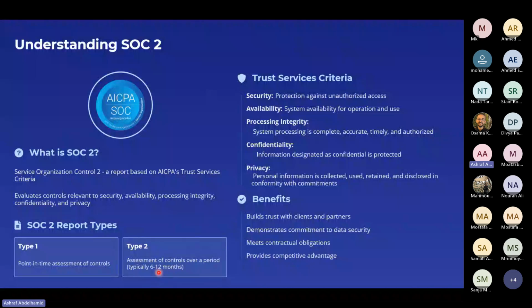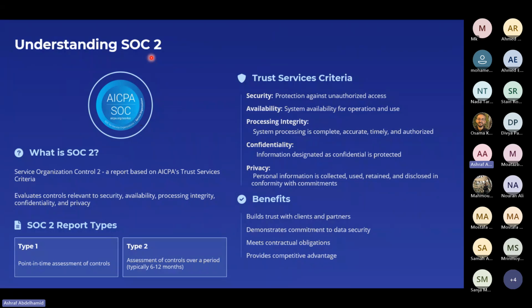Also, another important aspect is that when we implement ISO 27001, we look at the organization, or org-wide. We look at the entire organization. The focus of SOC 2 is that we look at the information security of the clients of the organization.